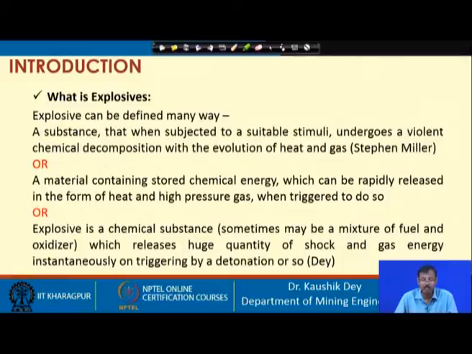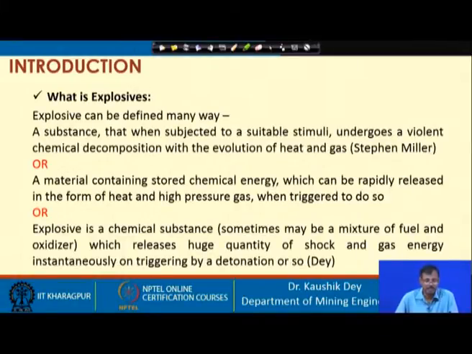It must produce gas, so that the gas will expand in the heat and create huge pressure. So, he is telling about a chemical which can explode to release heat and gas.